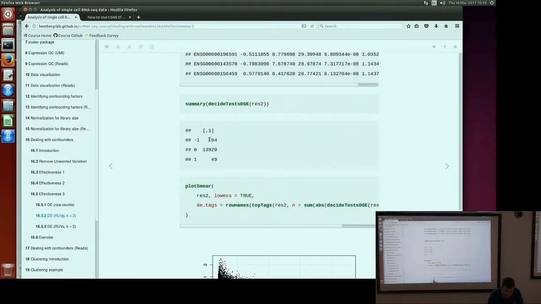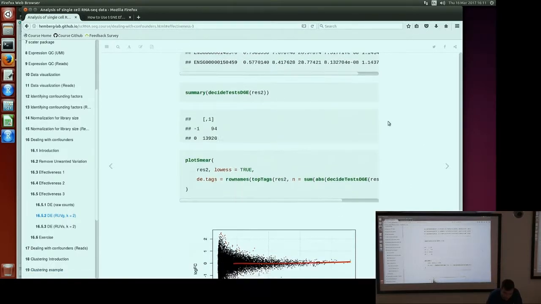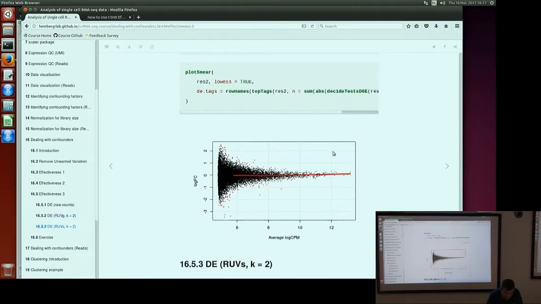In this case, whereas this was 125 previously and 63 previously, we've seen that with RUVg we have now, at the same significance thresholds, reduced the number of DE genes that we're finding between these different batches. And overall this plot looks fairly similar.